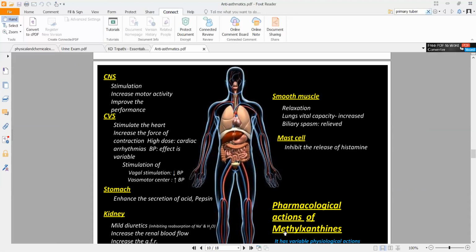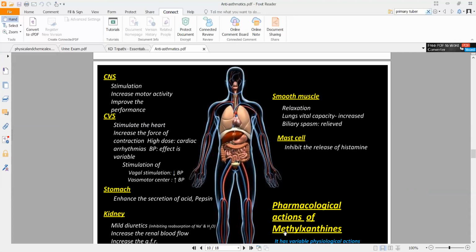On CVS, cardiovascular system, it will stimulate the heart and increase the force of contraction. So here you have to be careful. High dose can cause cardiac arrhythmias. So whenever you're giving methylxanthine, especially to a patient with arrhythmia or any other underlying cardiovascular disorder, let's suppose they have coronary artery disease, or even if it is hypertension, you have to be careful, right?